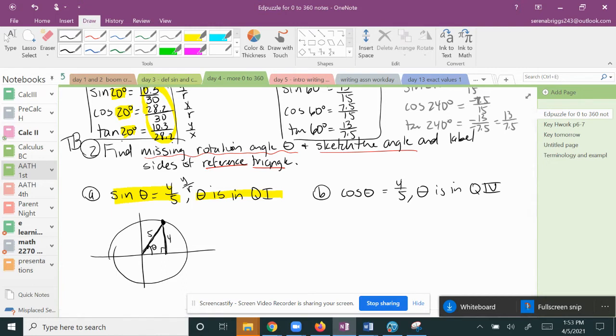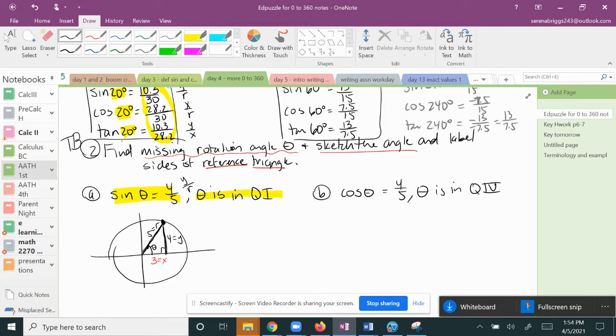And that will help me know what the sides of my reference triangle are. According to Pythagorean triples, this side would be 3. So now I've sketched the angle and I've labeled all the sides of the reference triangle. This is my x, that's my y, and this right here is my r. 5 is my r.